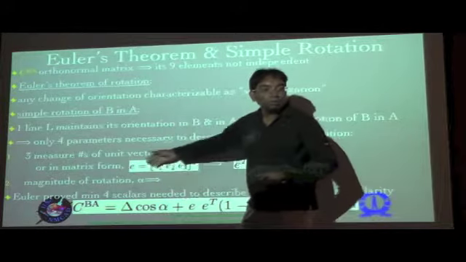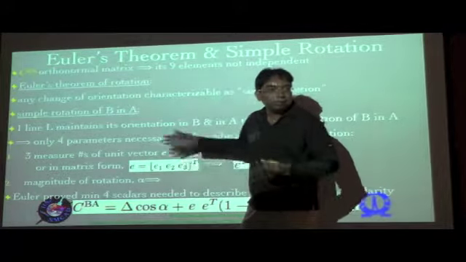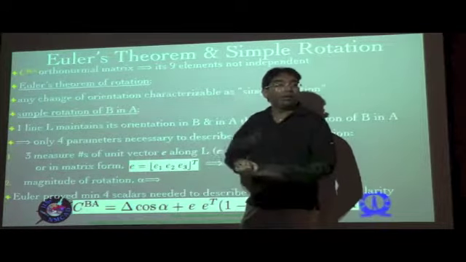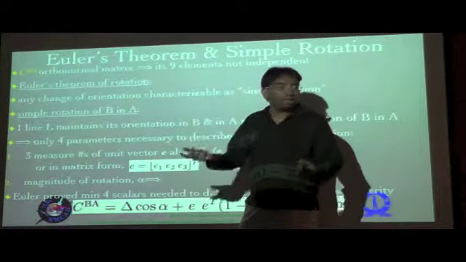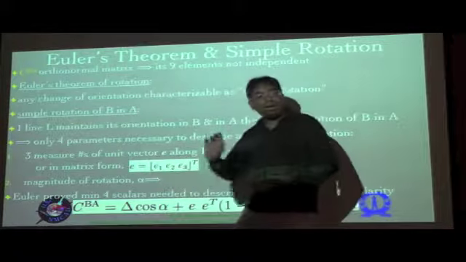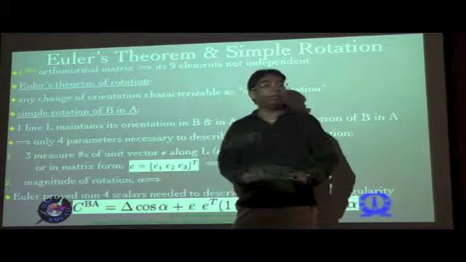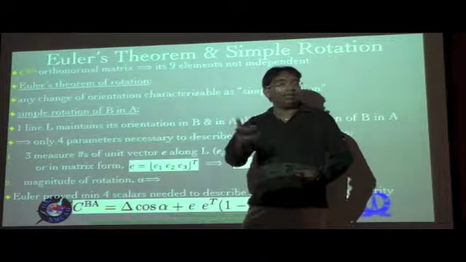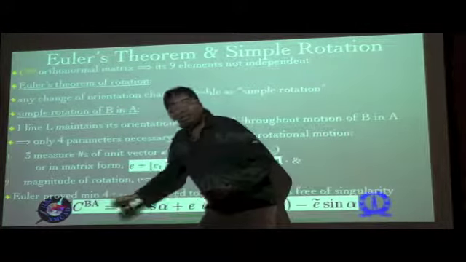Here E is expressed as a column matrix, but the corresponding unit vector E is basically the axis of the rotation. And alpha is the magnitude of the angle around that particular axis that the body B has rotated in the frame A.